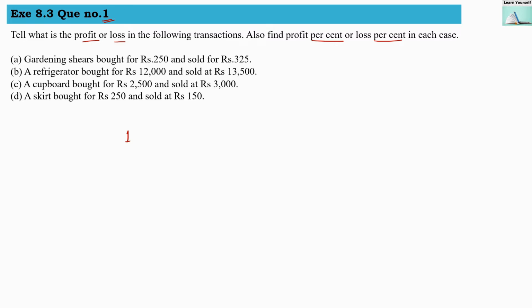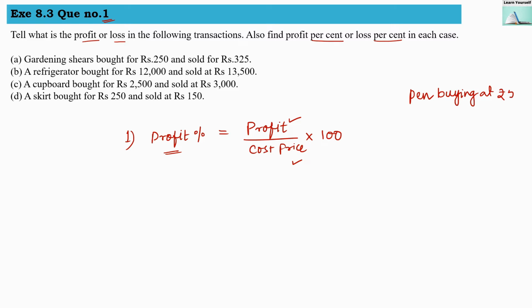First formula is when we are finding profit percentage. We have to remember this formula in which the profit we should know the cost price, and that we will multiply with 100. In that case, we will get to know the profit percentage for that numerical. If I am buying a pen at rupees 5, so my CP, that is cost price, will be equal to 5.